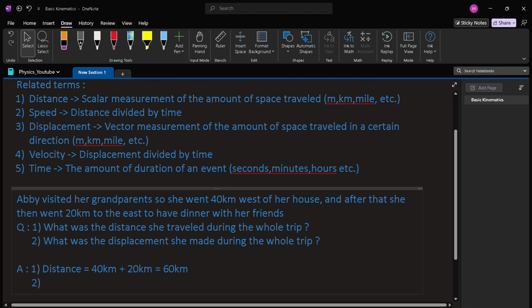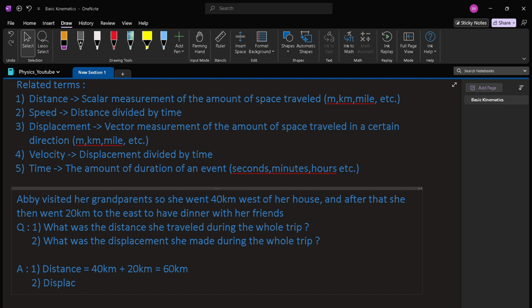Meanwhile, the displacement during her whole trip starts with 40 kilometers going west, so it's going to the left side, right?